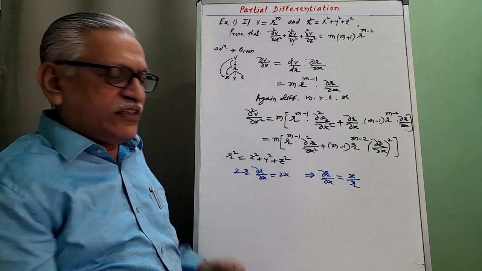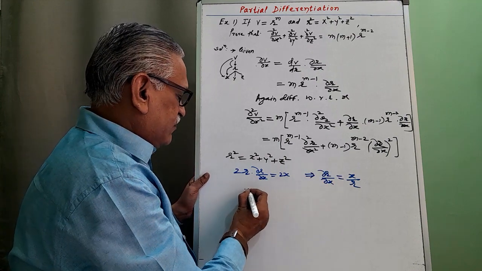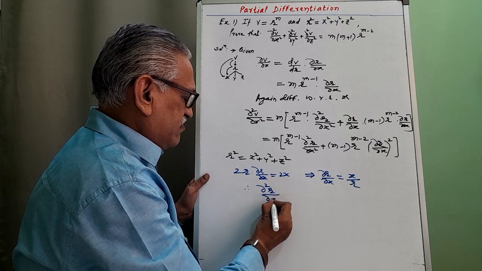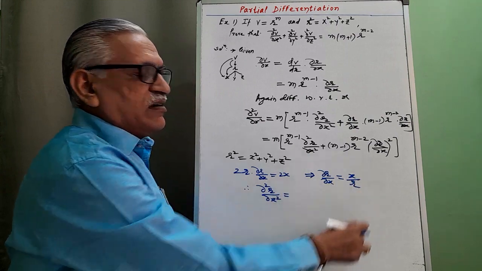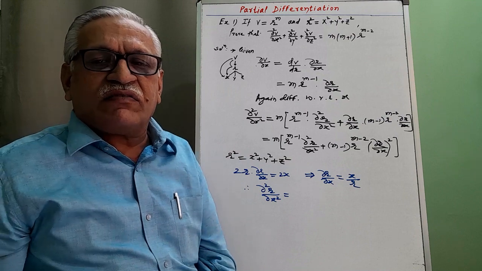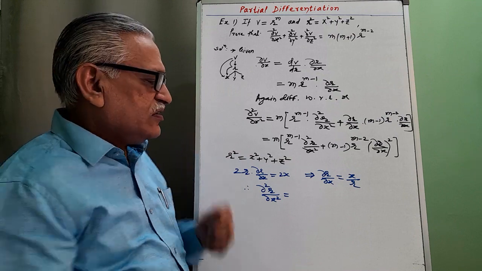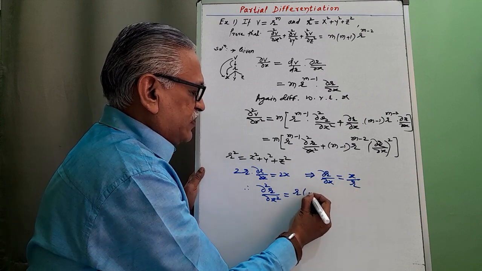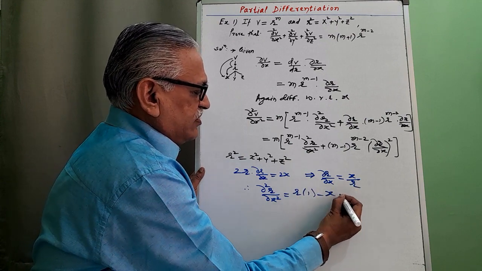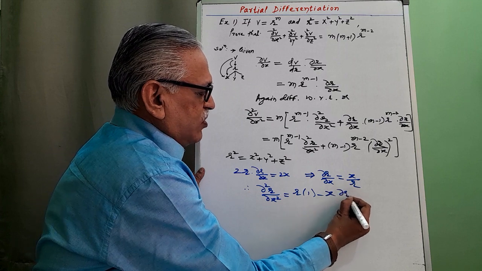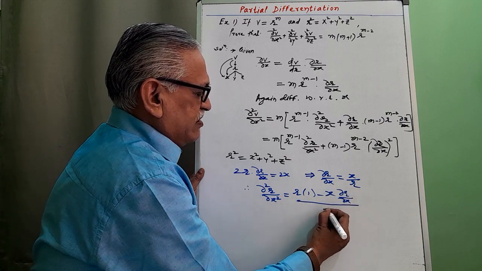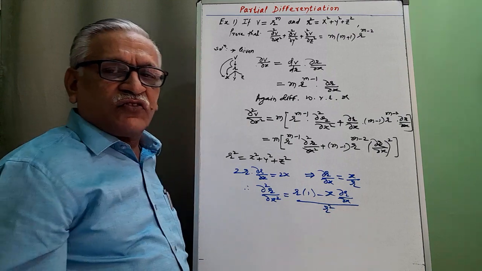And again differentiating this with respect to x, therefore we get dou 2r by dou x square. Differentiating that x by r by quotient rule formula, it is u by v formula. Therefore r, derivative of x with respect to x is 1, minus x derivative of r dou r by dou x, and whole divided by v square, means here r square.